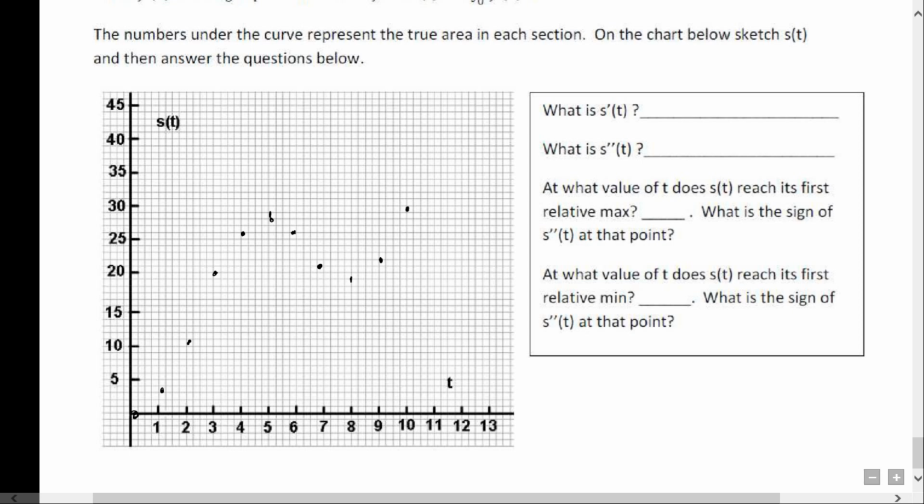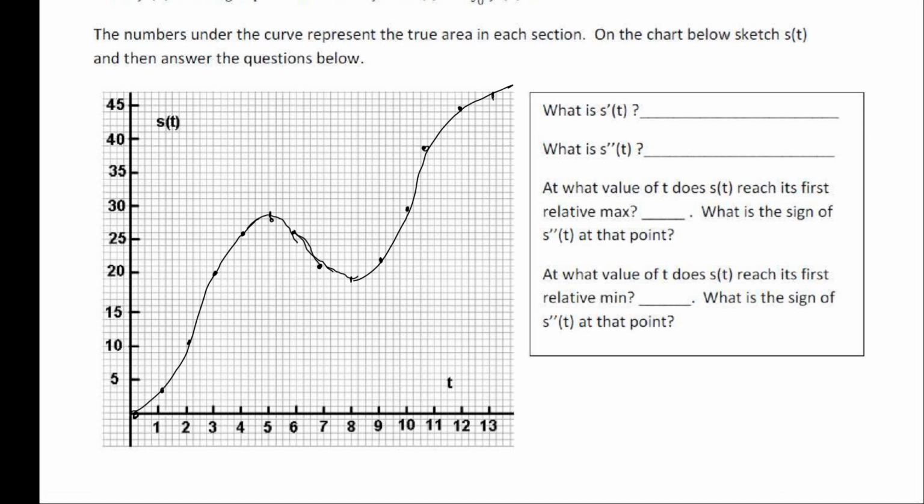T equal 11, you're up to 39. Just doing this roughly. T equal 12, you're up to 45. T equal 13, you're up to 47. And here roughly you have the value of S of t, which I roughly graphed here.